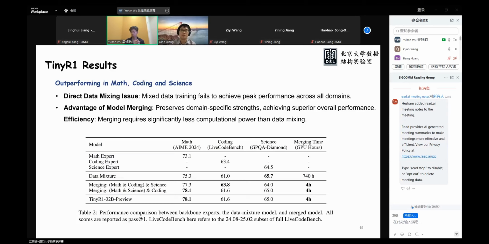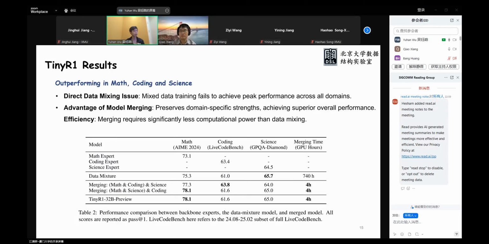But actually I think model merging is not widely acknowledged in the industry, and I think most companies use data mixture.